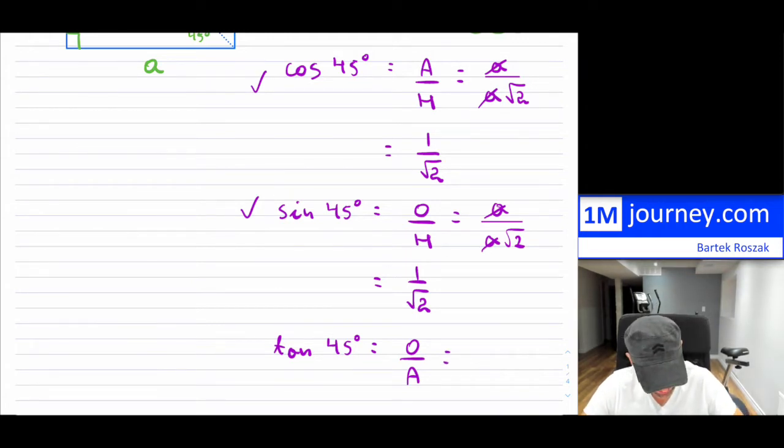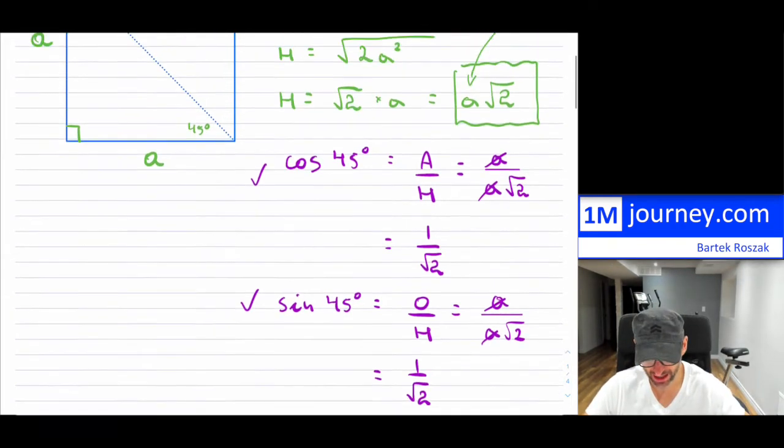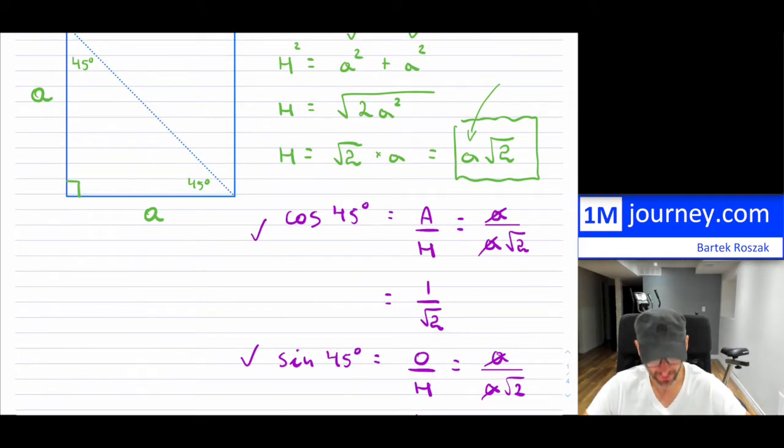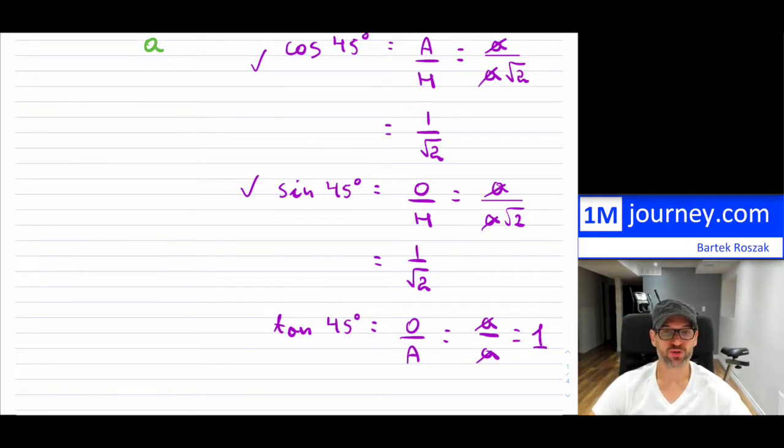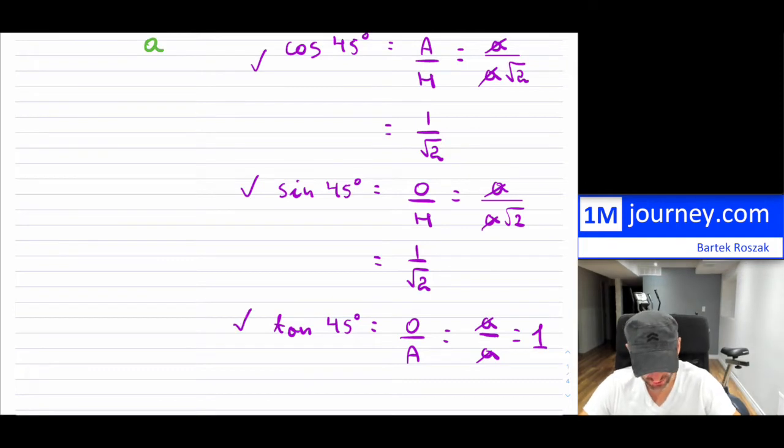And if you do this, opposite over adjacent is simply A divided by A, right? Because those are the actual lengths of the sides. And by definition, these cancel. This is just equal to 1. And those are the actual trigonometric ratios for 45 degrees. So it's not very difficult to be able to find them.